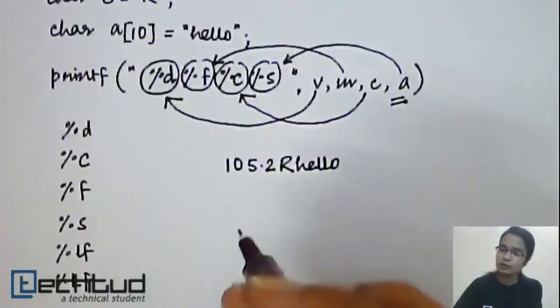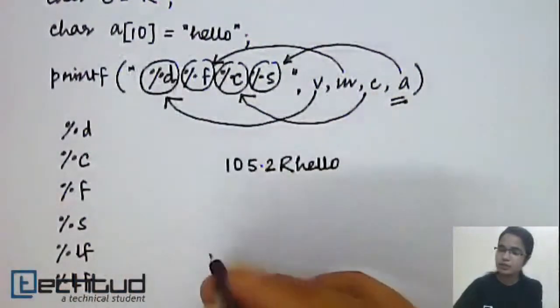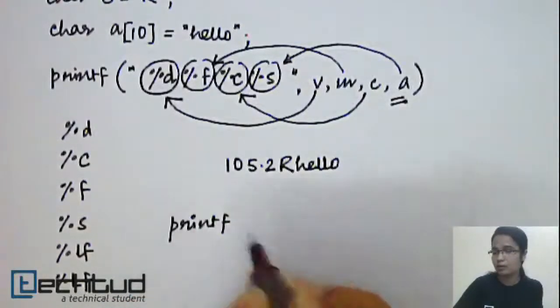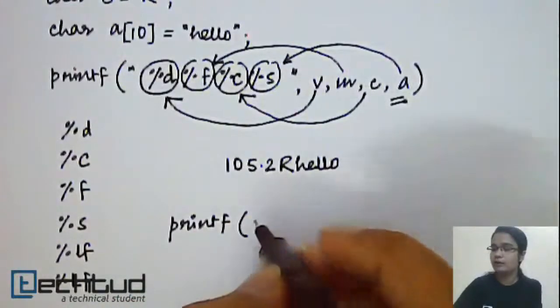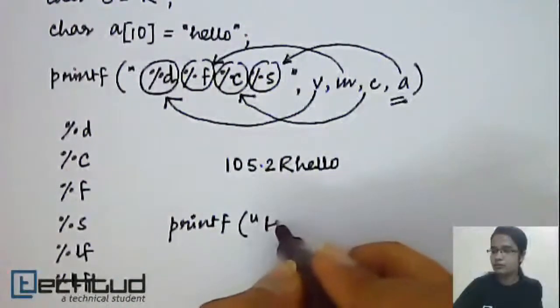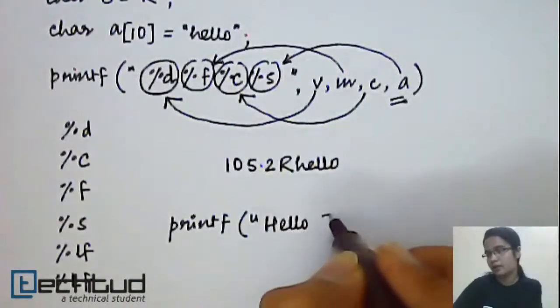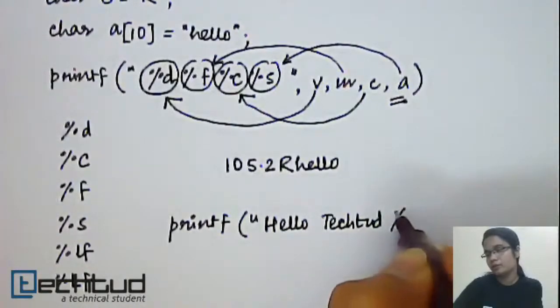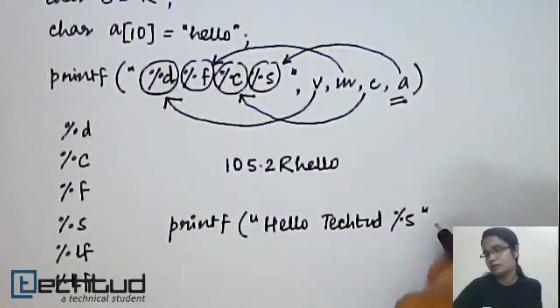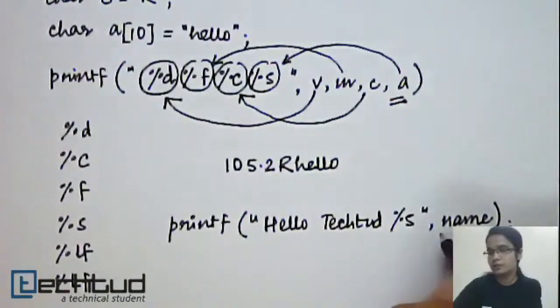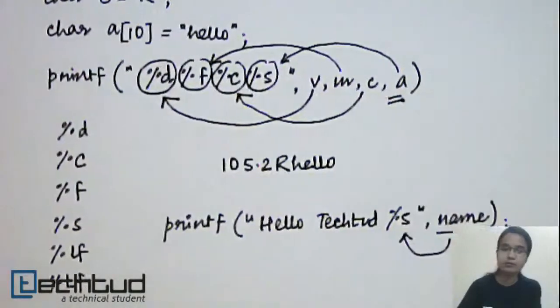You can even print any string with the printf statement, which we have already seen in our first program and many other programs. Like here you can print hello TechTut, and maybe if your name is in some variable called name, then that will be a string and this value will be printed here.